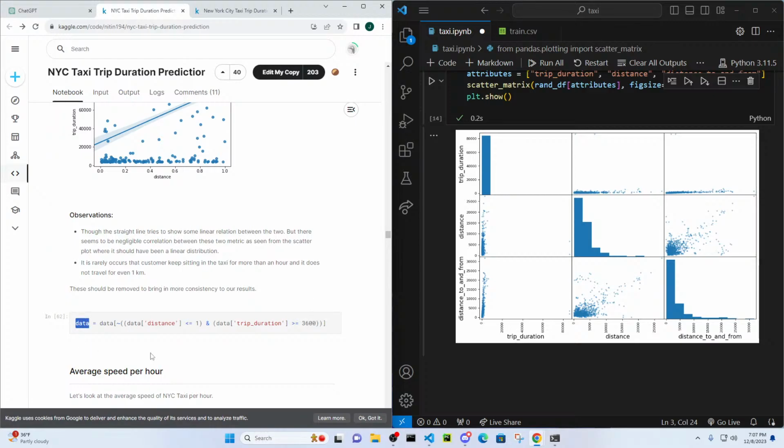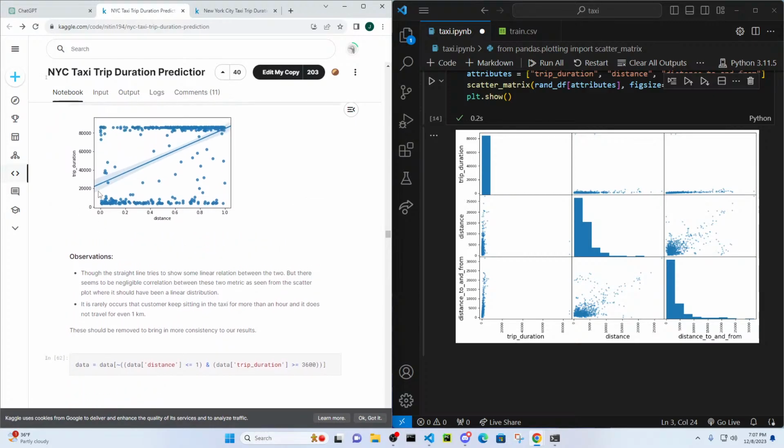So the blue line is what it should be. This blue line is the relationship. It's a linear relationship, but clearly it's not linear.